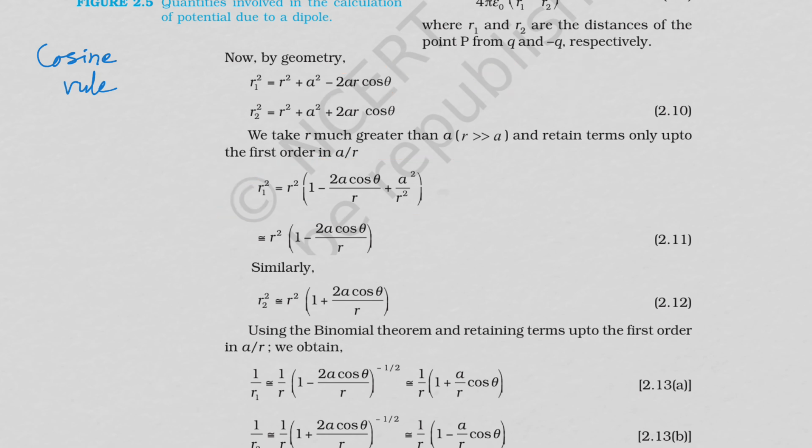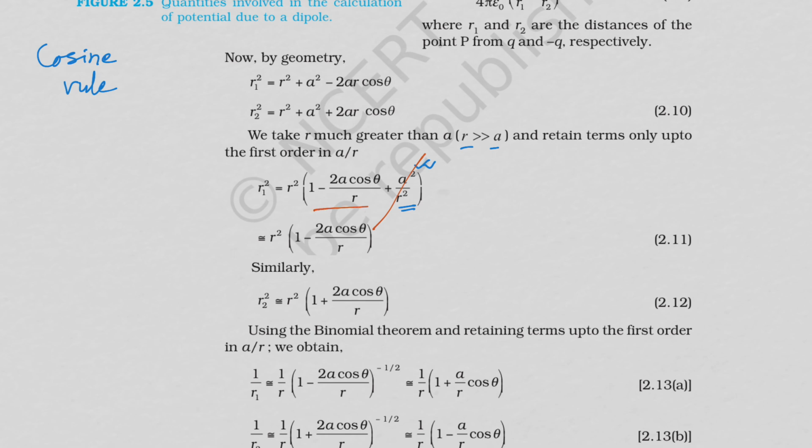Now the next step is, since r is way bigger than a, r square will be too big and a square will be too small. In this case we will just eliminate this term, so we are not using it.